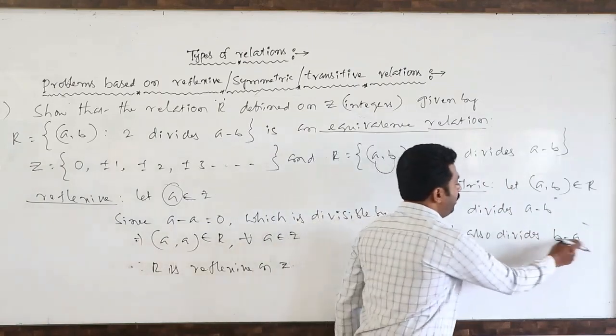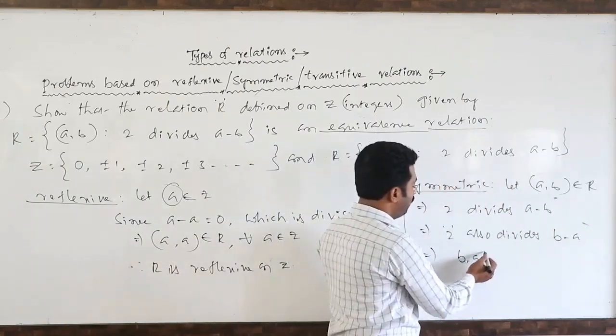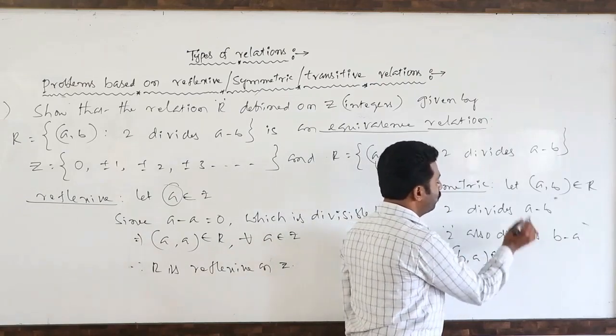So 2 divides B minus A means we can say that (B, A) also belongs to capital R.